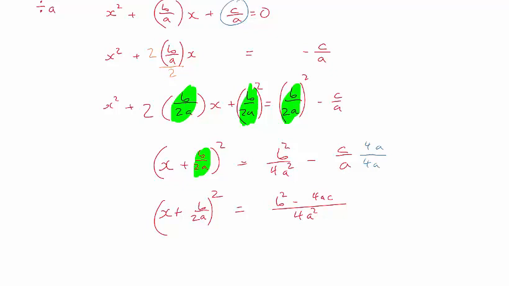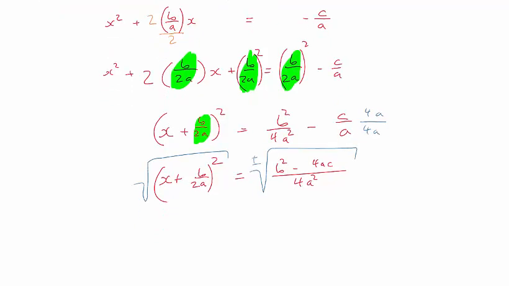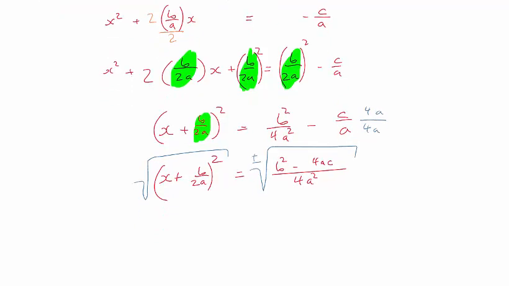Alright, so here's where we are. Now we take the square root of both sides, like so. Don't forget your plus or minus. So that on this next part, now drop the square root on the left-hand side, the square root and the square.